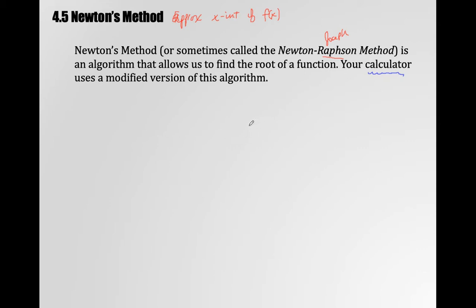Sometimes we take that calculator for granted and treat it like it can reason or think. It is just programmed with this algorithm, a little bit modified version, but basically this algorithm.